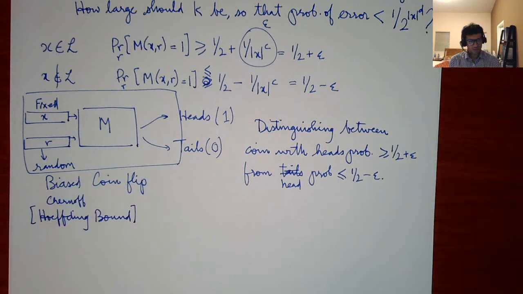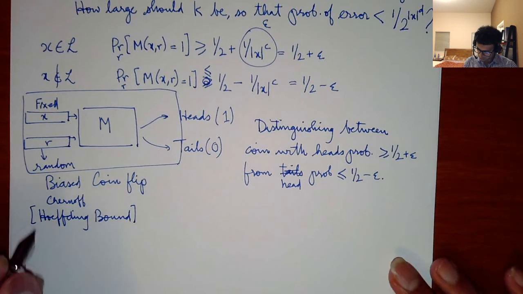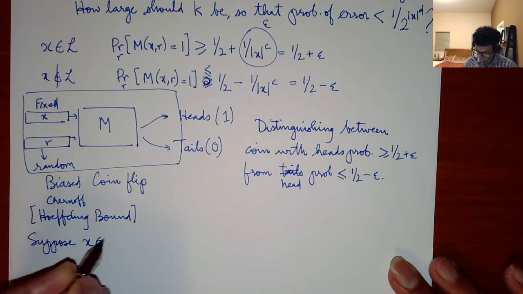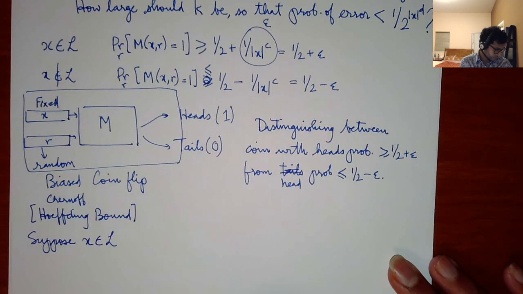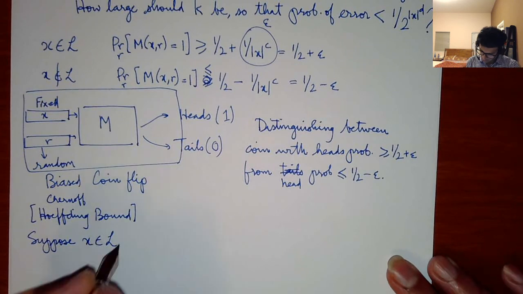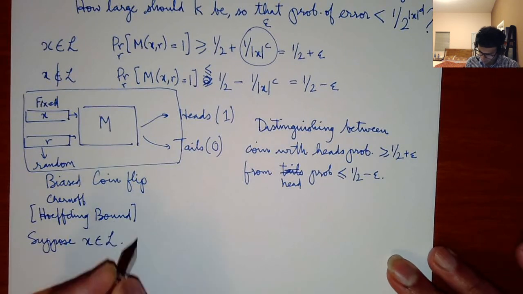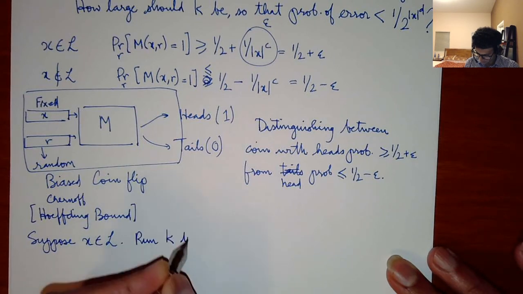I want to spare you some of the details of the exact statement of the bound, and instead give you a high-level picture. Suppose X is an algorithm run k times.